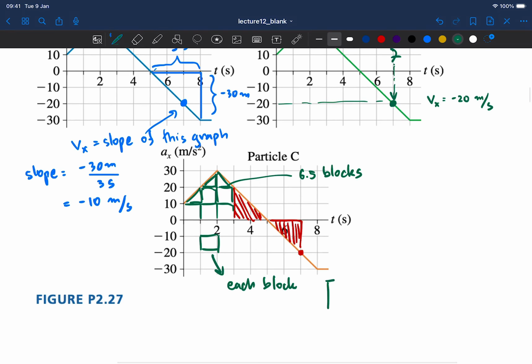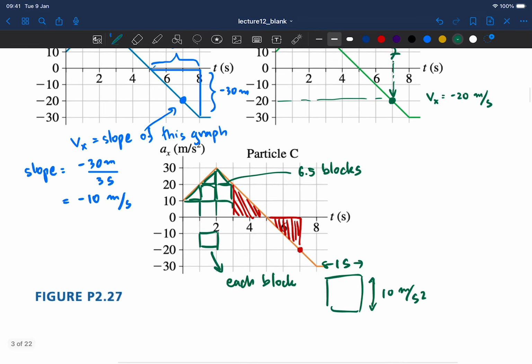So each block is 1 second wide and 10 meters per second squared in height. So the area, you just multiply the two, right? So the area is 10 meters per second. So 6.5 blocks equal 65 meters per second.